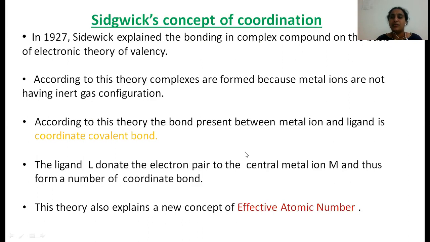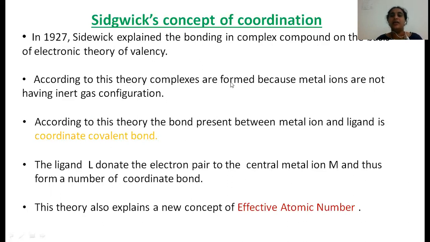So to overcome those drawbacks of Werner's theory, Sidgwick gave a new concept. The theory is called Sidgwick's concept of coordination. He gave this theory in 1927, based on bonding in complex compounds with the help of the electronic theory of valency.